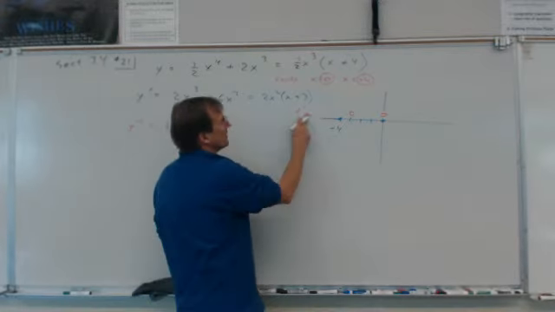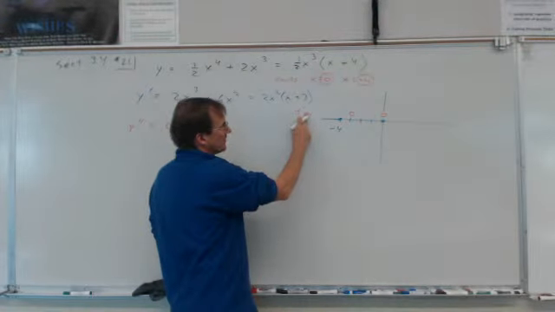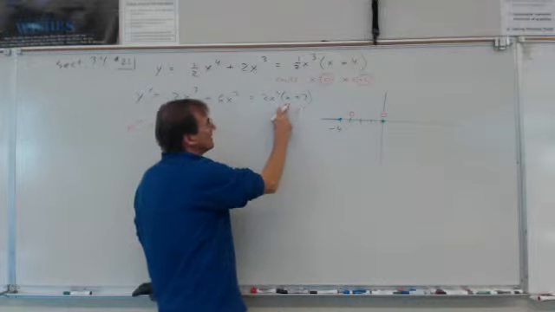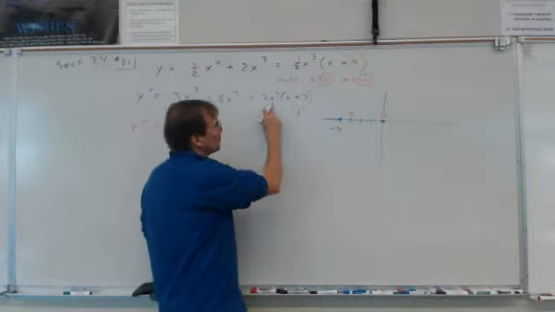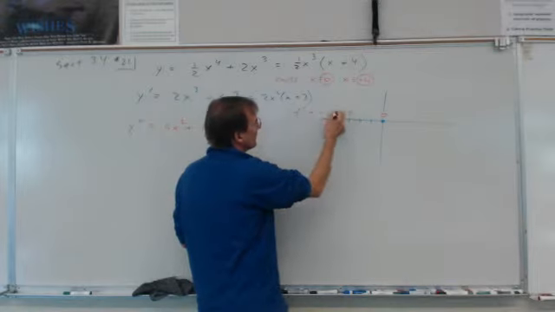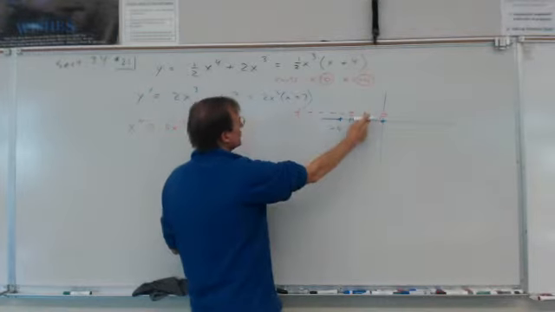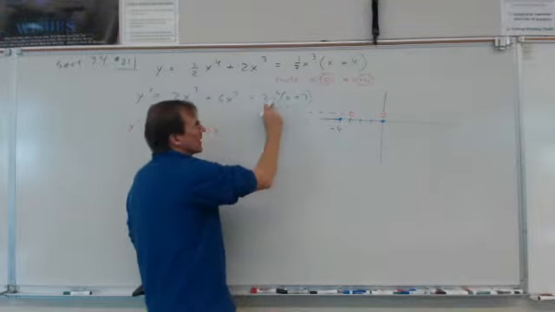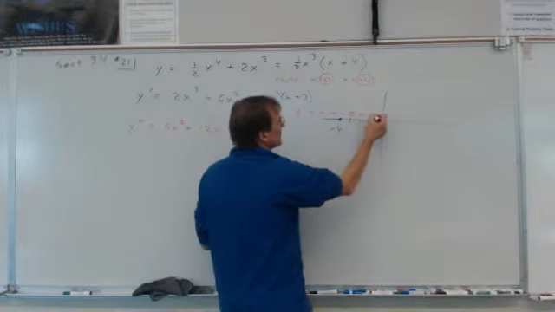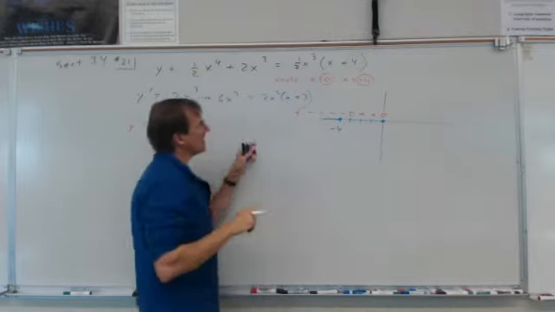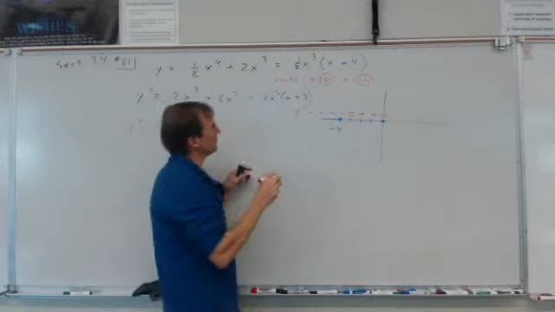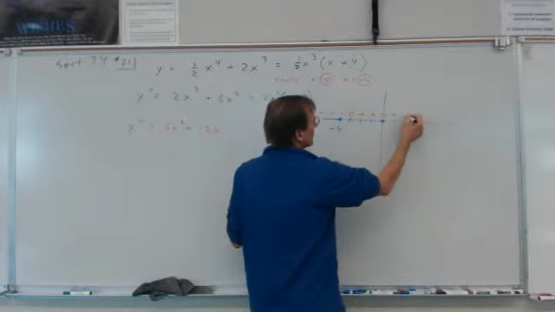To the left of this, if we take an f prime, first derivative, over here where x is less than -3, this is going to be negative. That'll always be positive, so it's going to be negative over here. Between the two, if I make it like positive or -2, this is going to be positive, that's going to be positive, so it's going to be positive in here. And then to the right of the y-axis, where x equals a positive number, it's going to be positive over there as well.